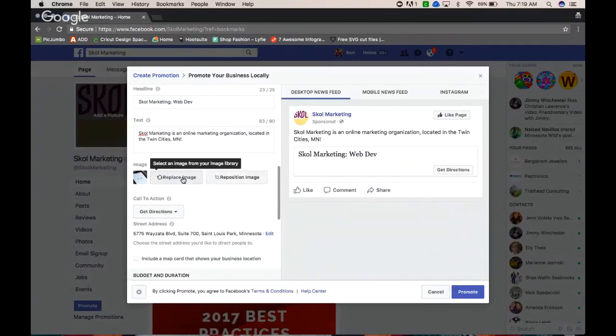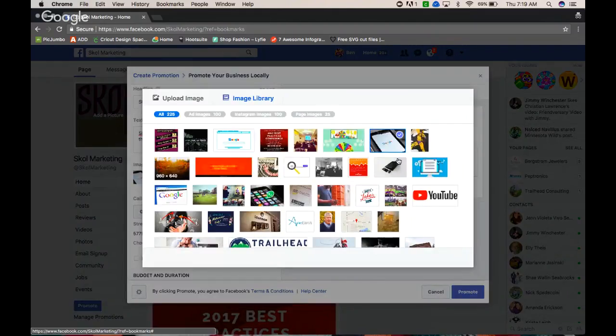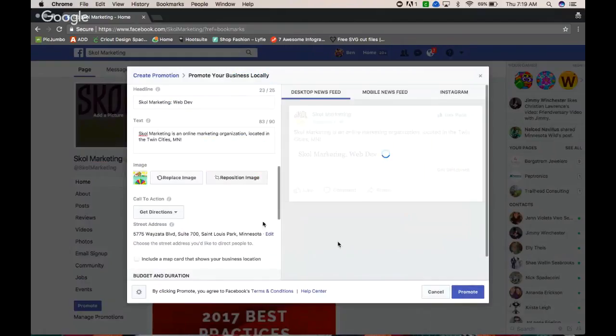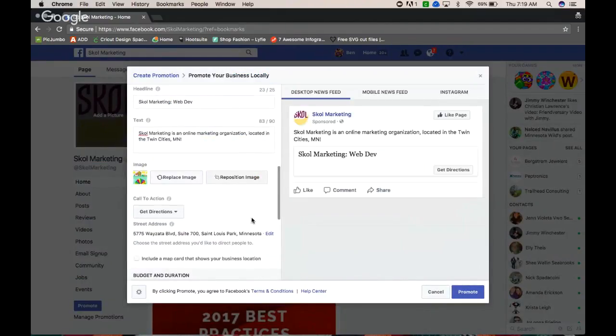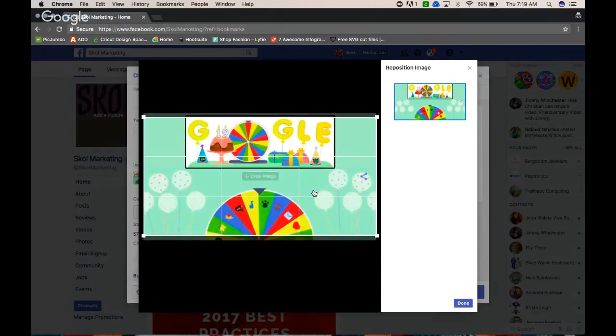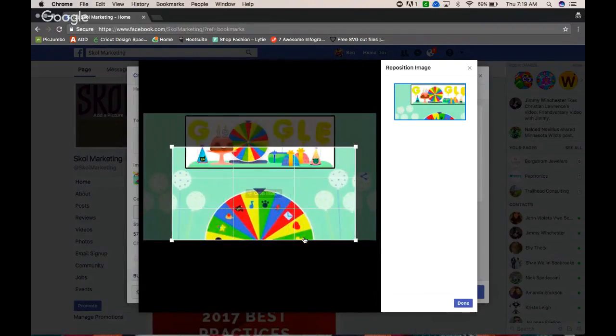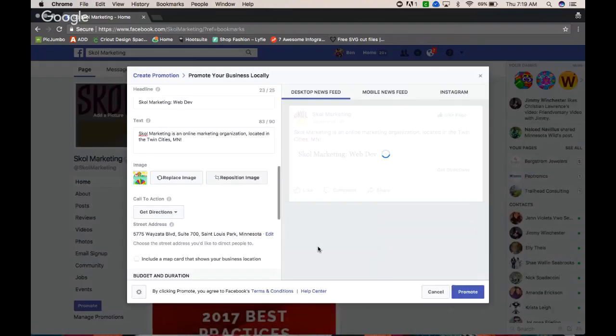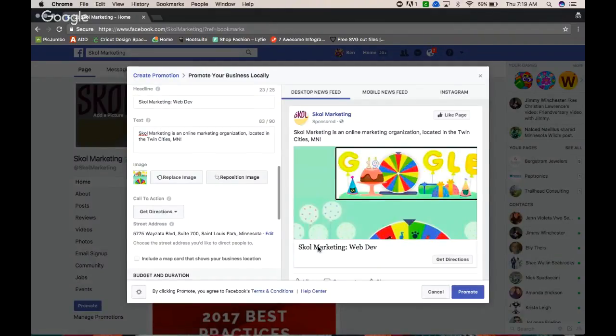Oh, come on, load here. So you can play around with the cropping. There we go.